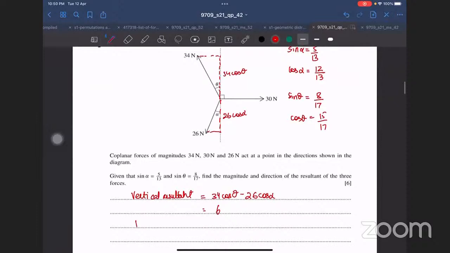Then let's talk about the horizontal resultant. There are two forces to the left-hand side, 34 sine theta and 26 sine alpha. So 30 minus the left forces, the right forces minus the left forces.